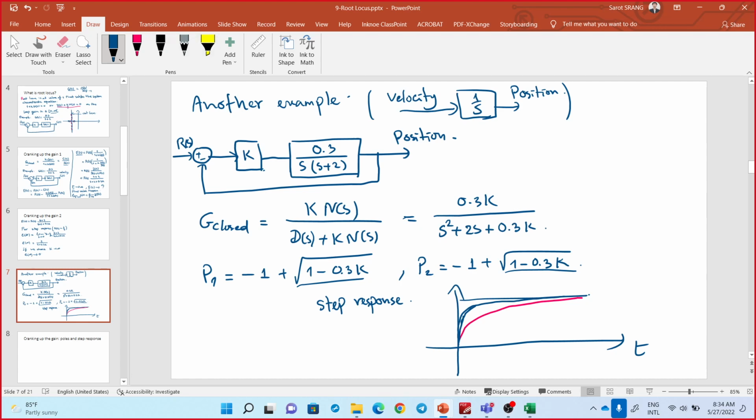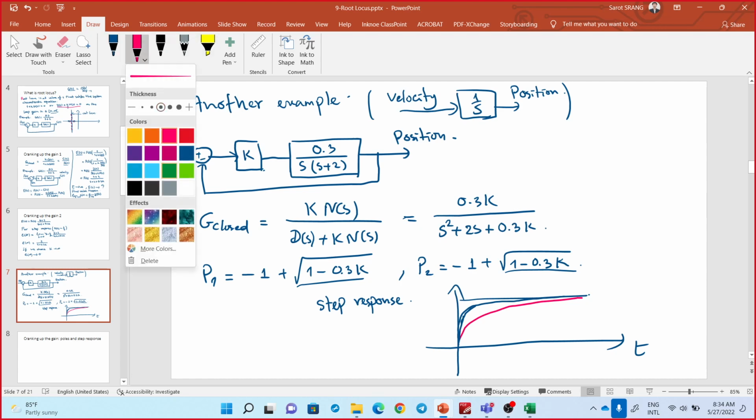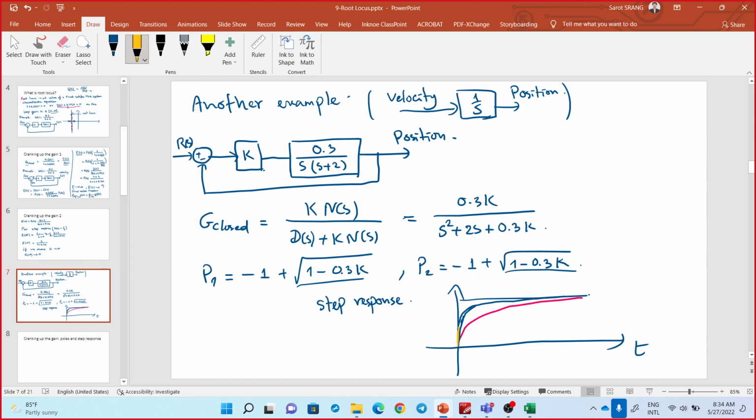But if the damping ratio is less than 1, that causes the poles to be complex conjugate, then you have an overshoot like this. Maybe not so high like this. The most important thing is that you have oscillation and overshoot, then a little bit of oscillation, and then how do I know that it converges to some value here?